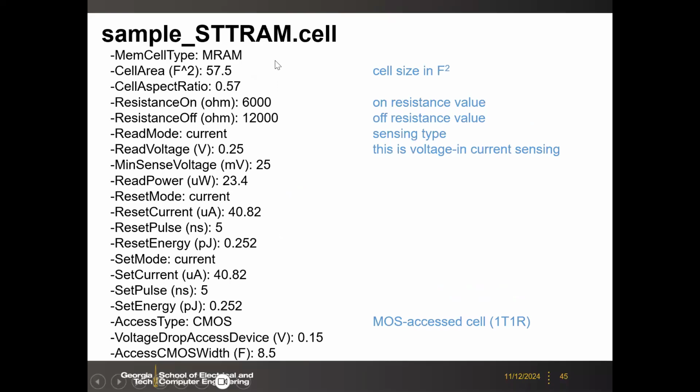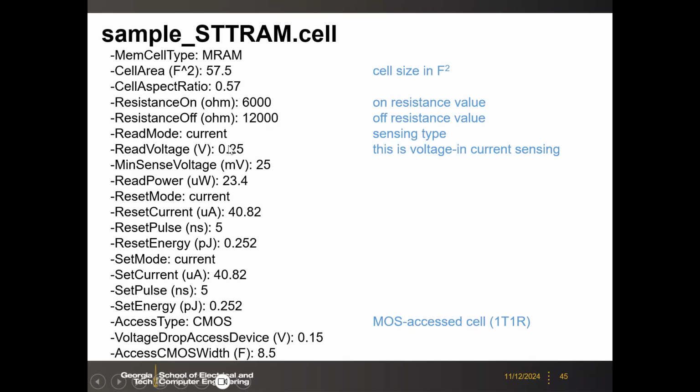So here, these are the cell level parameters. For example, this MRAM, and the cell area, in terms of F², close to 60. And then the on-state resistance, off-state resistance, the on-off ratio is pretty small. If you recall, we talked about STT-MRAM earlier.